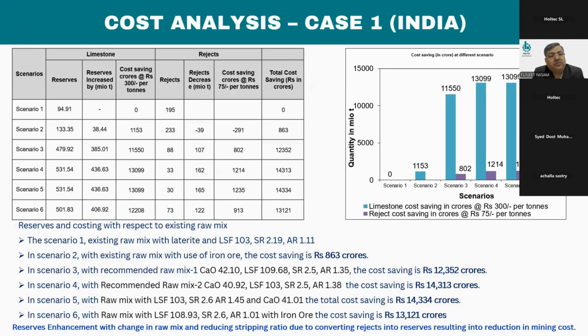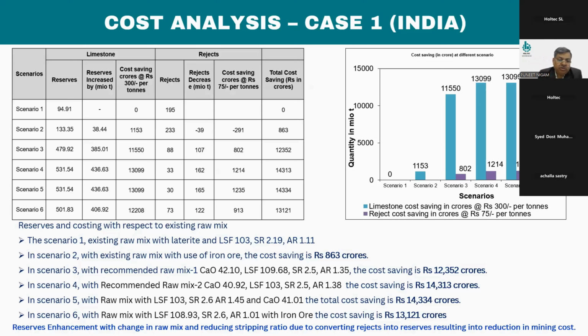Suppose we are using reject handling, and suppose the reject handling cost is 75 rupees per ton, assuming. This is not used as reserves but as a cost reduction. The last column shows how much we are getting as an increase in reserves. On the right hand side, the bar graph shows the saving in the cost.